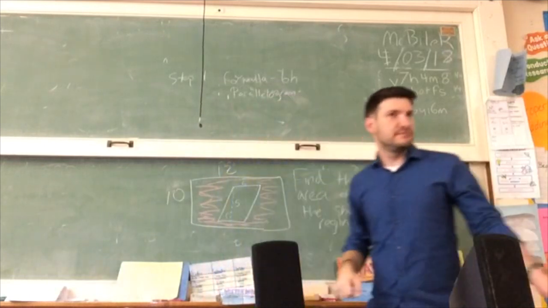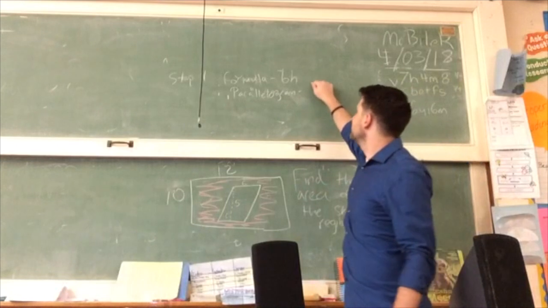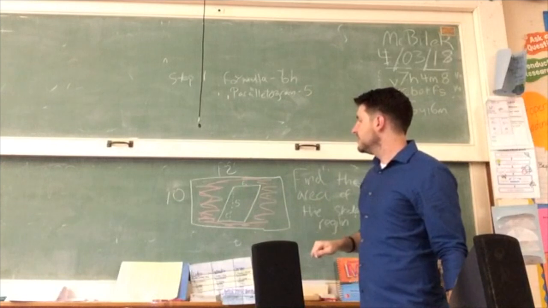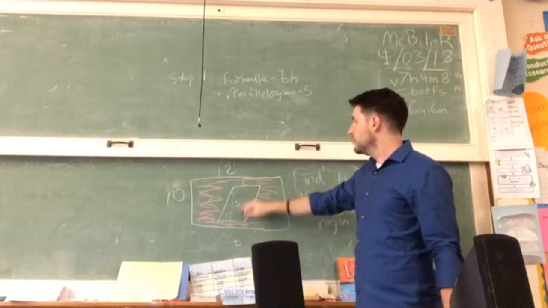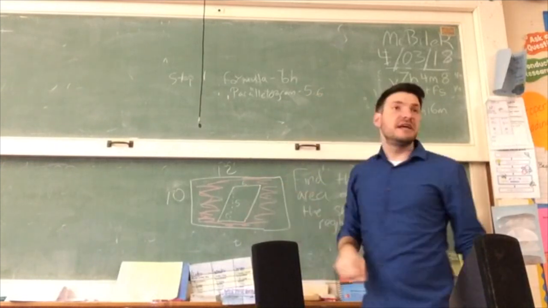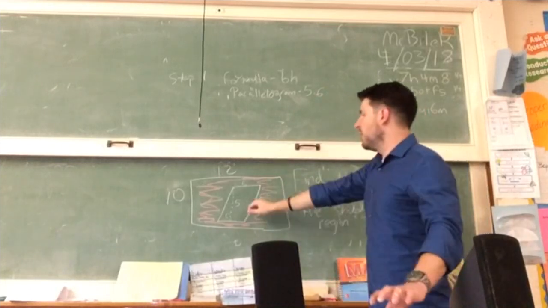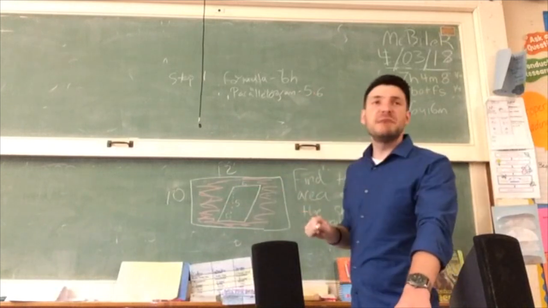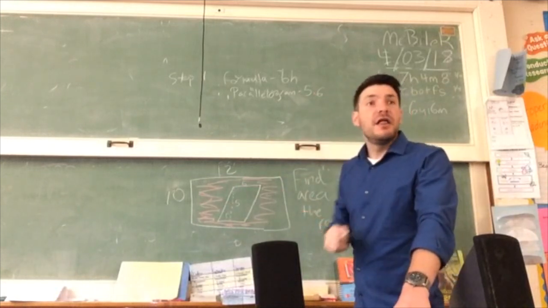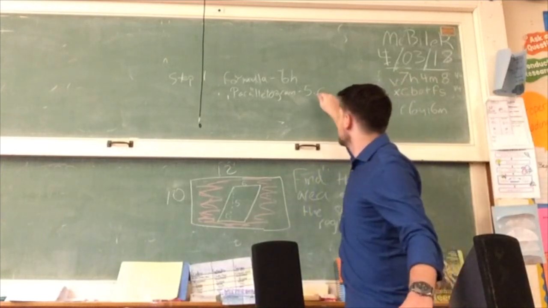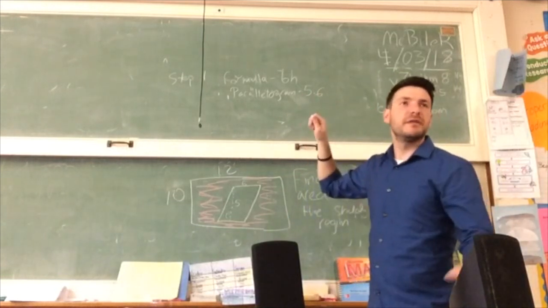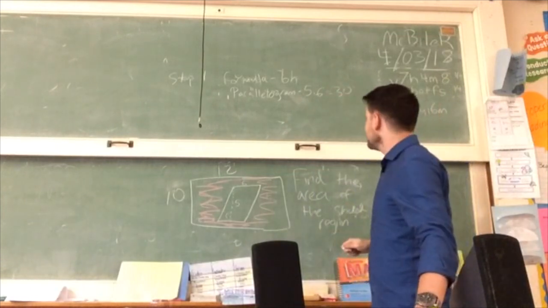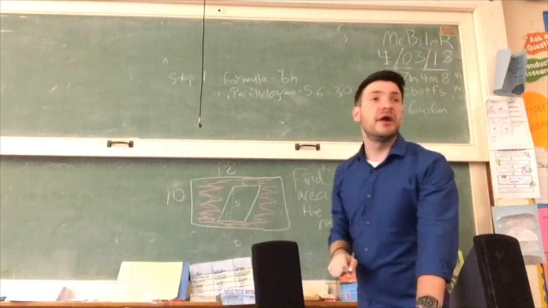So my parallelogram is going to be base times height, my height being 5, my base being 6. If my parallelogram has a base of 6 and a height of 5, what is my area of that? That's exactly right. It's 30. Good job.